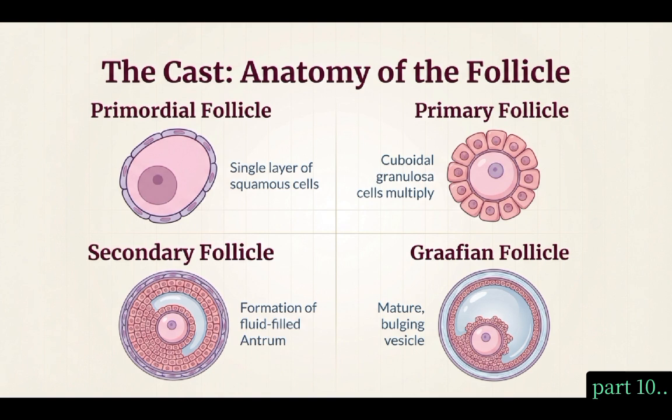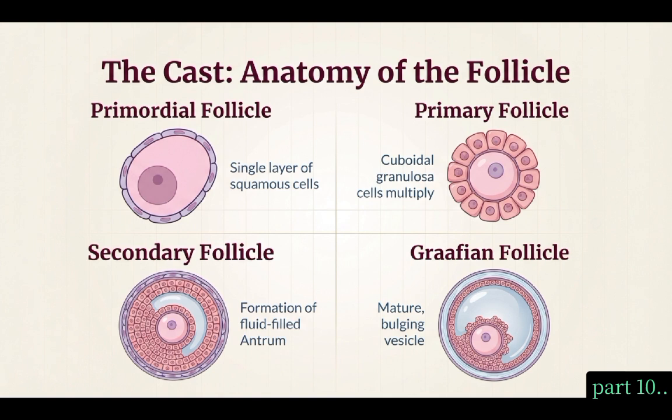These cells secrete estrogen and progesterone, mostly estrogen, and they start occupying this area. So the presence of the antrum is what we call the secondary follicle.